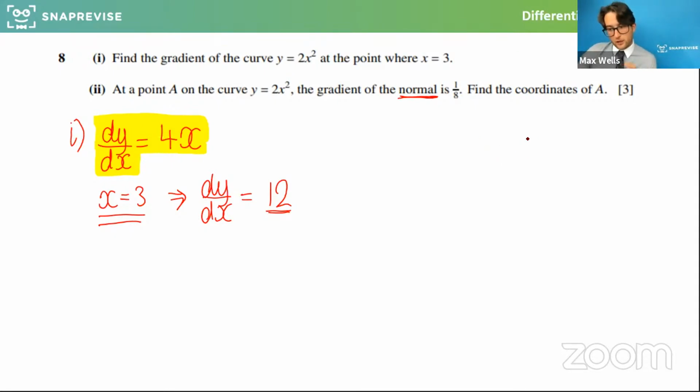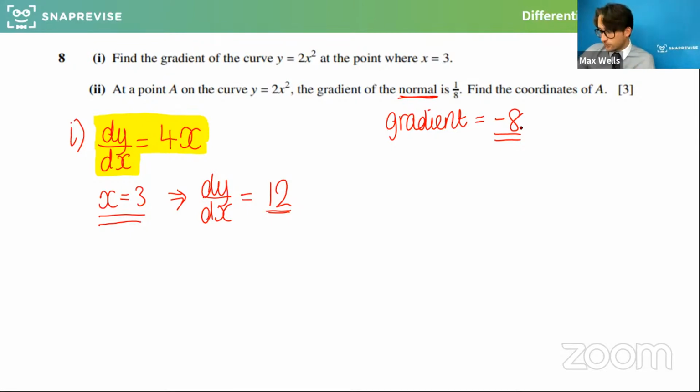So what we hopefully know about graphs and perpendicular lines is that if that's the gradient of the normal, then the actual gradient of the tangent and the function is the negative reciprocal of that, because it's perpendicular. So the perpendicular gradient to 1/8 is -8. Do we all recognize that? You might have hopefully seen that before this topic, that if you have a perpendicular line, then it's -1 over the gradient that you have.